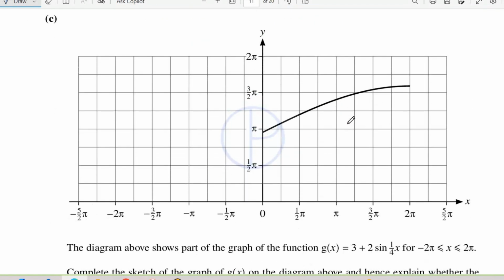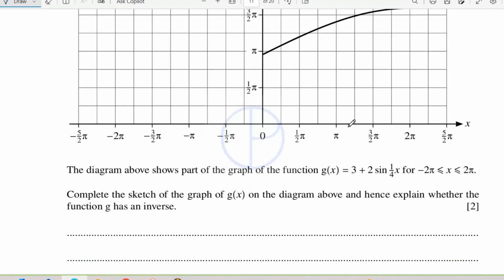Next, C part of the question is, the diagram above shows part of the graph of the function g of x equal to 3 plus 2 sine 1 over 2x for negative 2 pi less than or equal to x less than or equal to 2 pi. Complete the sketch of the graph of g of x on the diagram above and hence explain whether the function g has an inverse.